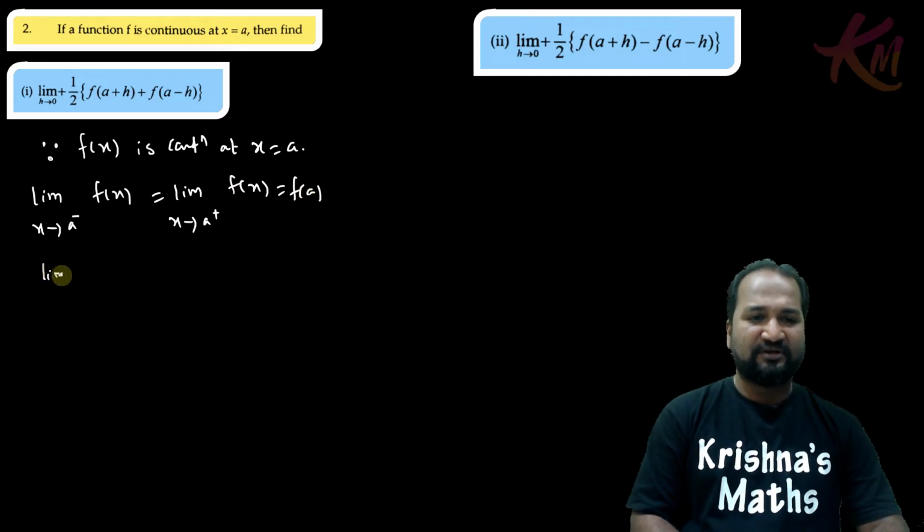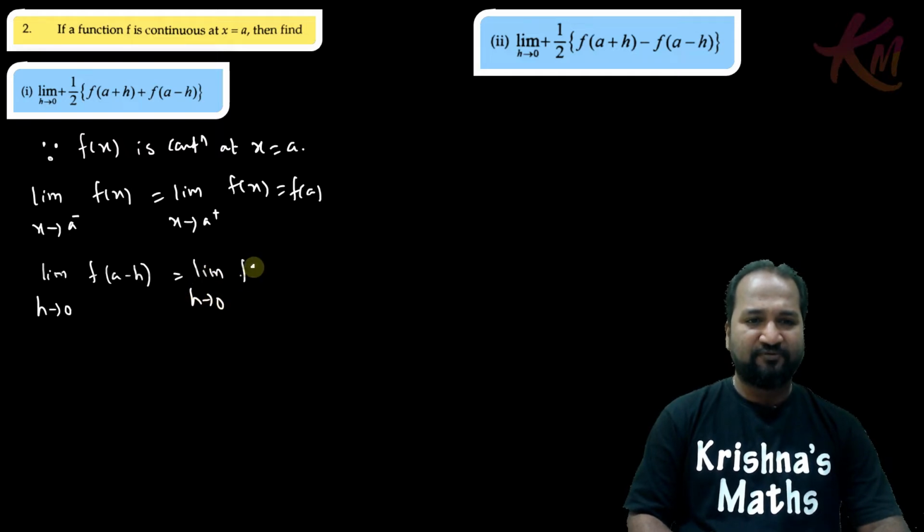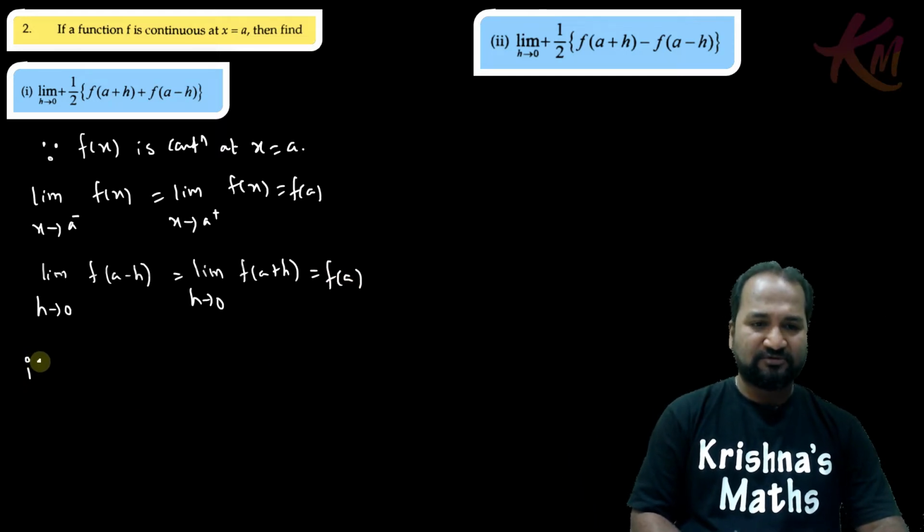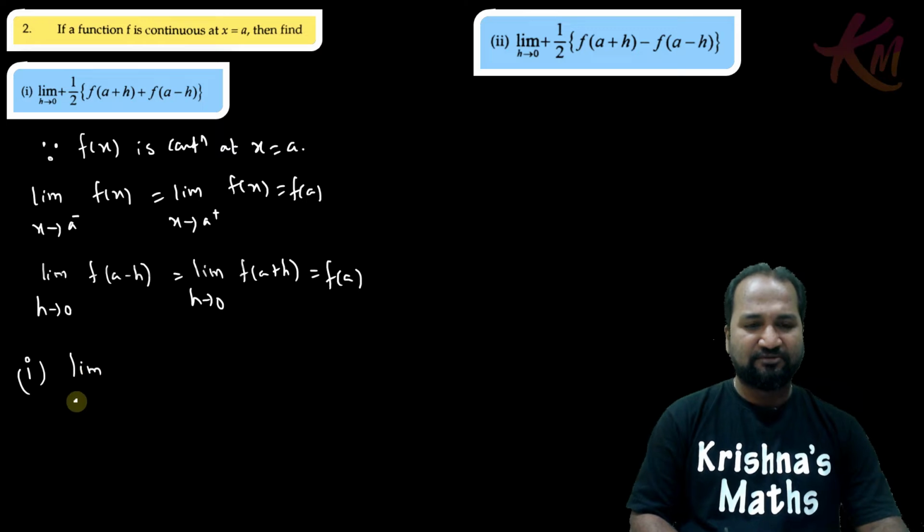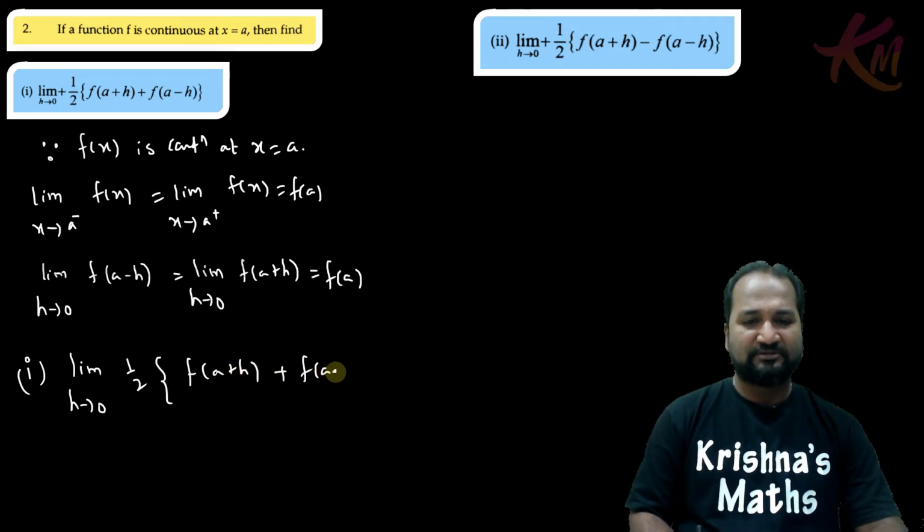Limit x tends to a minus f of x means limit h tends to 0 f of a minus h, which will be equal to limit h tends to 0 f of a plus h, and both are equal to f of a. Now the first question: limit h tends to 0 half of f of a plus h plus f of a minus h.